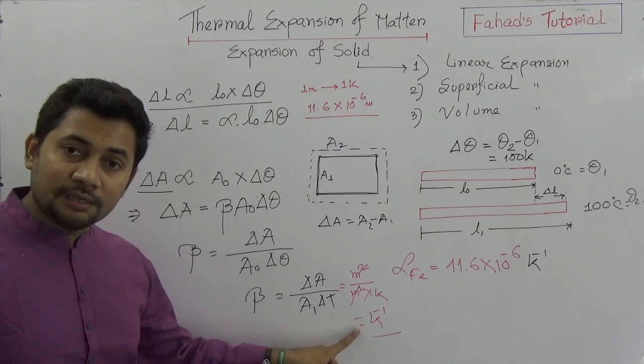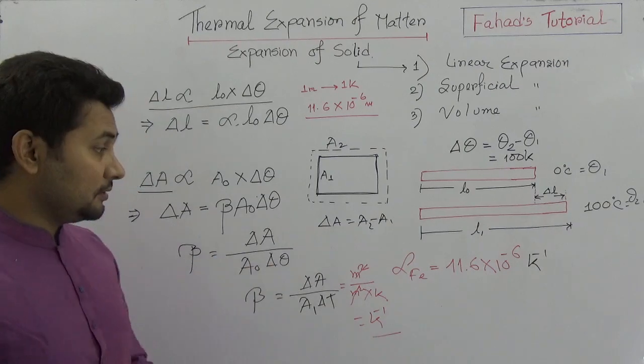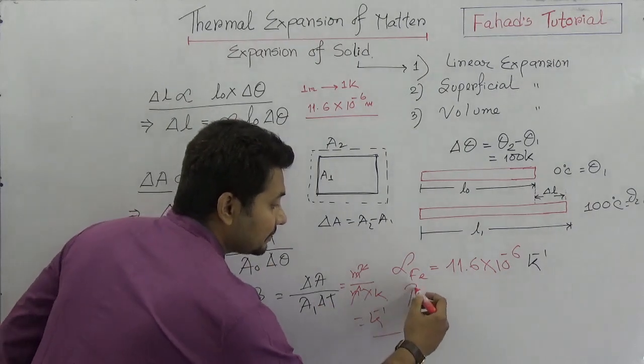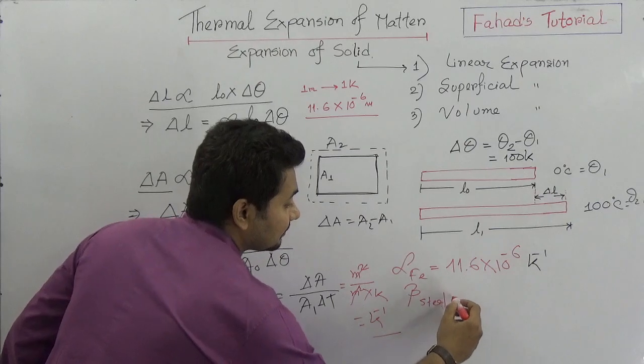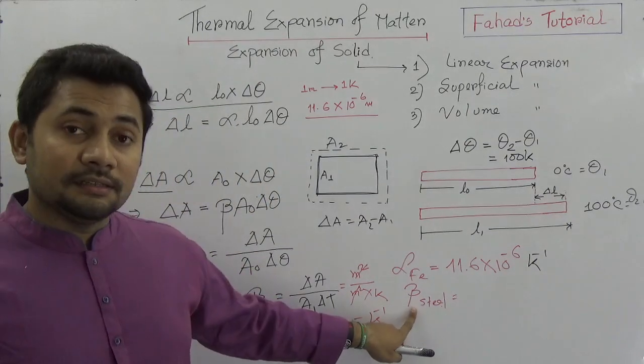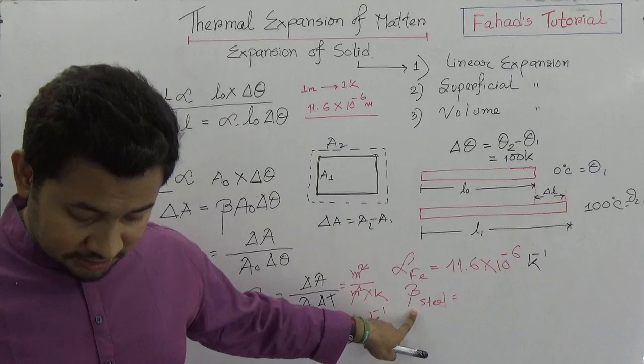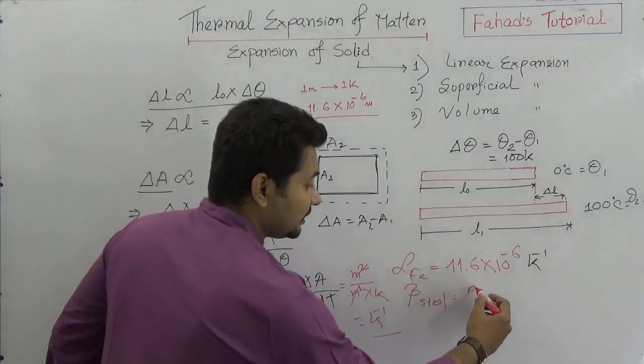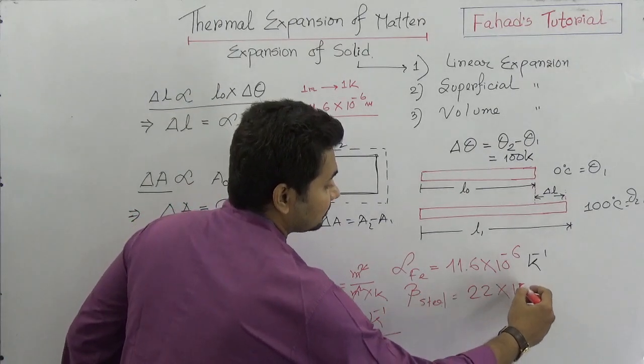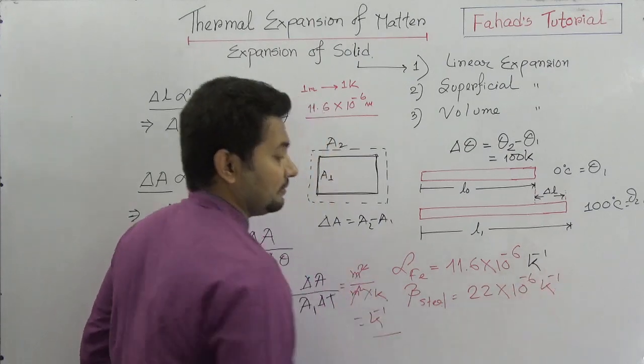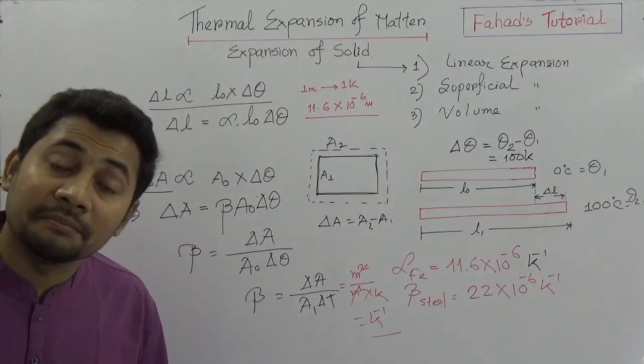So you understand this one? Like before, if I say the beta of steel, I mean the coefficient of area expansion of steel, is 22 times 10 to the power minus 6 per Kelvin. What is the meaning of it?